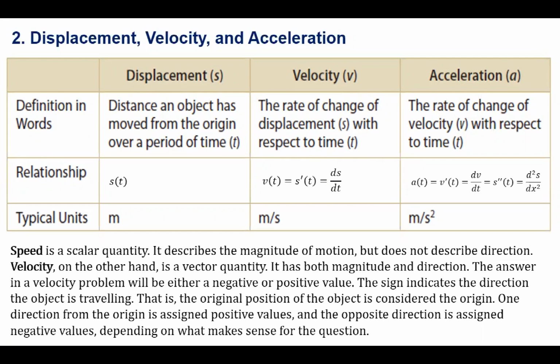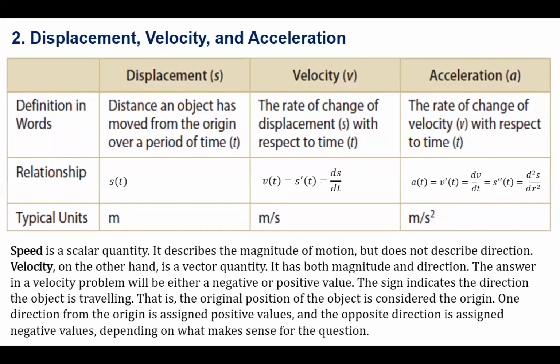Note the displacement can be either positive or negative. The velocity is the rate of change of displacement with respect to time t. The acceleration is the rate of change of velocity with respect to time t. Therefore, they have the following relationship.